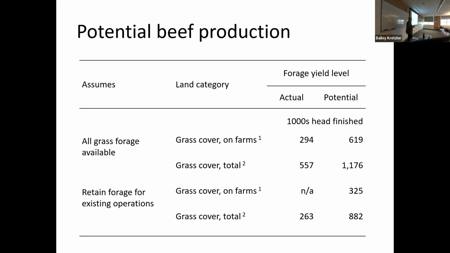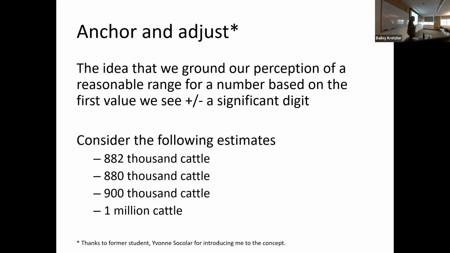What does that mean? Well, first, let's take a moment to talk about numbers. Have you heard of the term anchoring and adjusting? Yes? Okay. If you haven't, I'll define it. The idea is that we tend to ground our perception of reality based on the first number we hear.